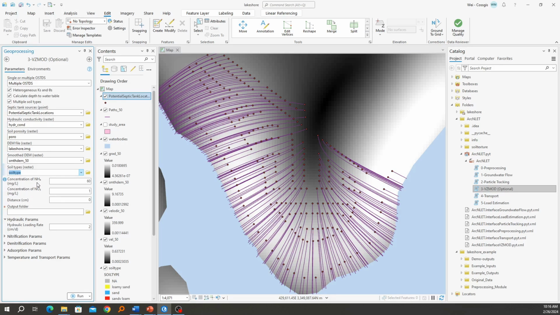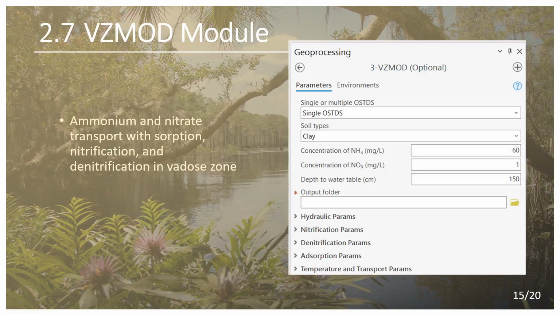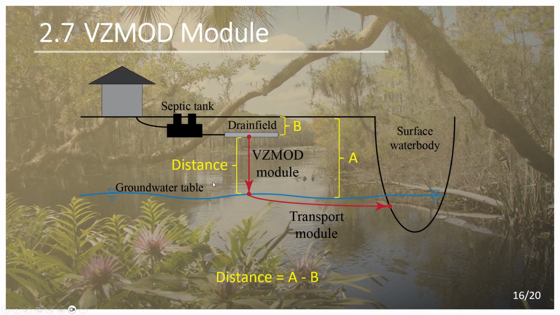These are the concentrations of ammonium and nitrate in the drain field, and this is the distance. This distance is an important parameter, and we can use this slide to explain. The parameter distance means the distance between the drain field and the groundwater table, and the distance equals A minus B. Remember, in the groundwater flow module, we get the distance between land surface and the groundwater table.